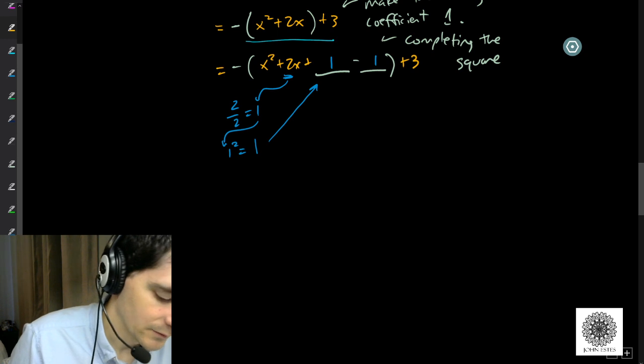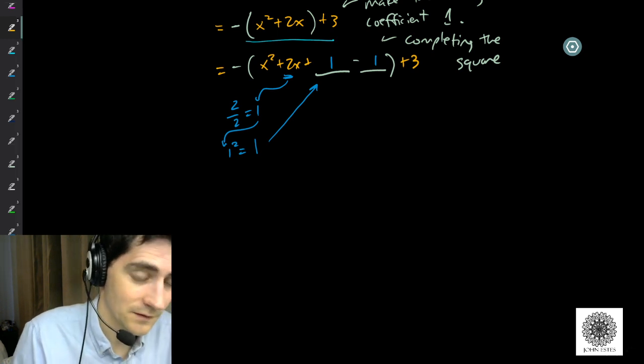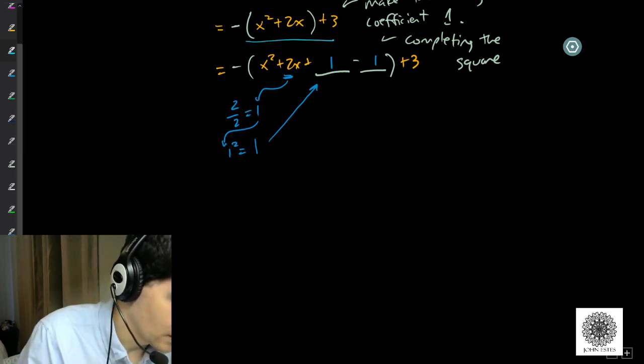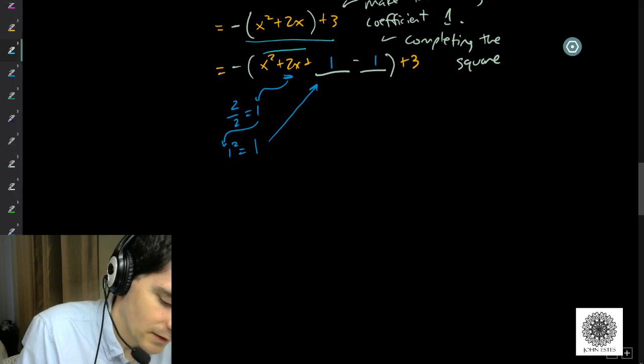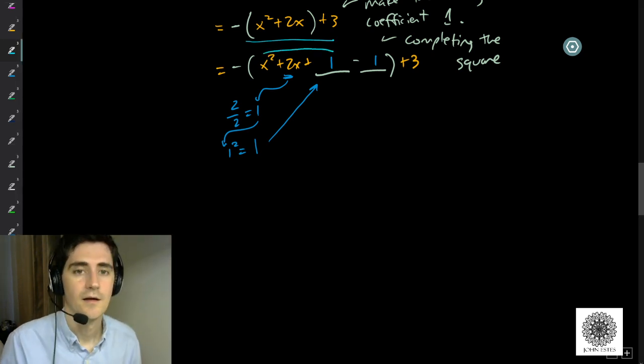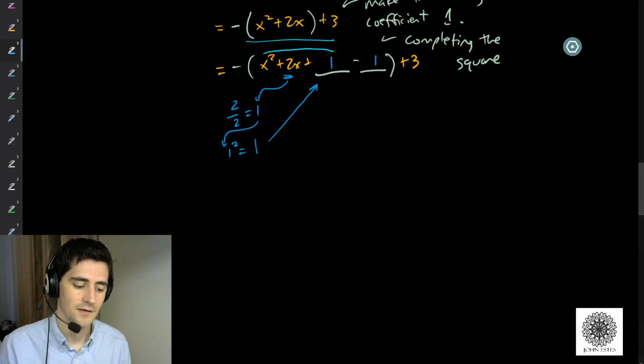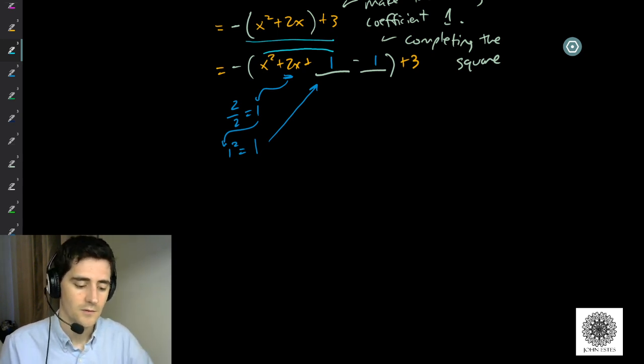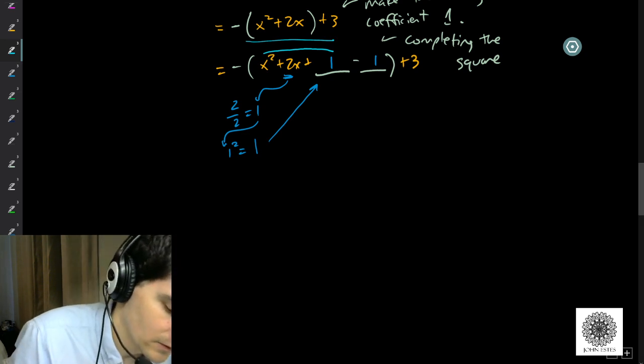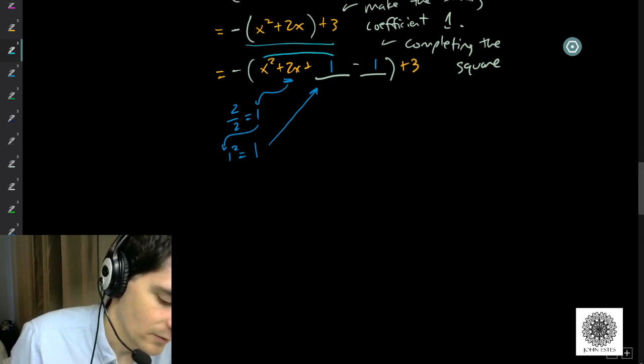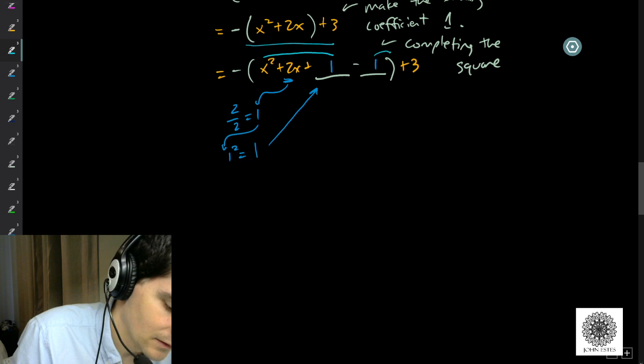Now, let me show you why that works, okay? So first of all, if I just had x squared plus 2x plus 1, that would factor very nicely. That would factor as x plus 1 quantity squared. So all I need to do is figure out how to get rid of this negative 1 here. Well, all I have to do then is take the negative 1 out. All right, so I can do that.